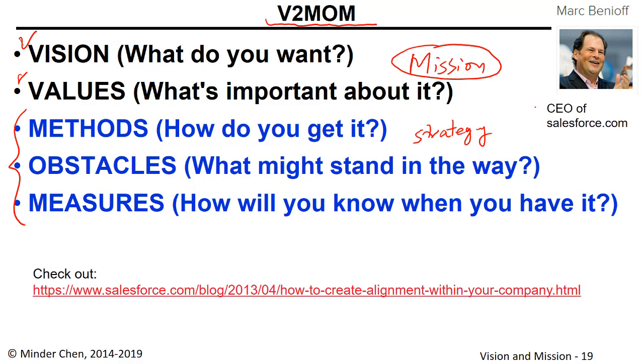Strategy, we will talk about strategy. Strategy sometimes can be very fuzzy and high level. And they also list something called obstacles, which is what might stand in the way of you getting there. This is relatively unique; we cannot find this in the model that we proposed earlier.